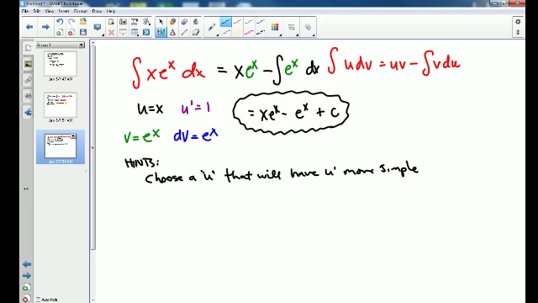Here's another way. It's an acronym. Whatever helps you remember. To choose u, you have different kinds of math here. The first one is logarithmic. So if there's a logarithm, it's probably going to be u.